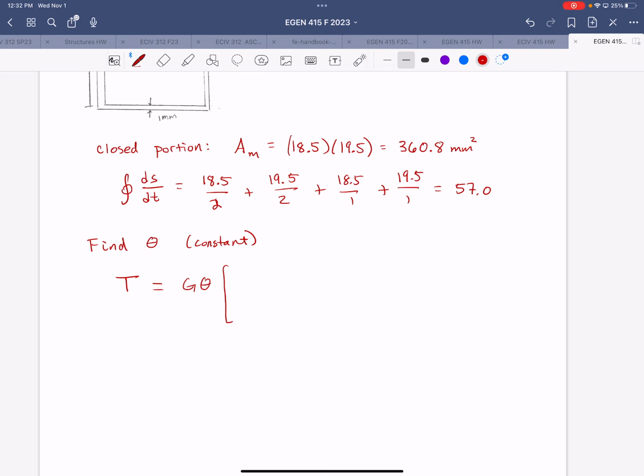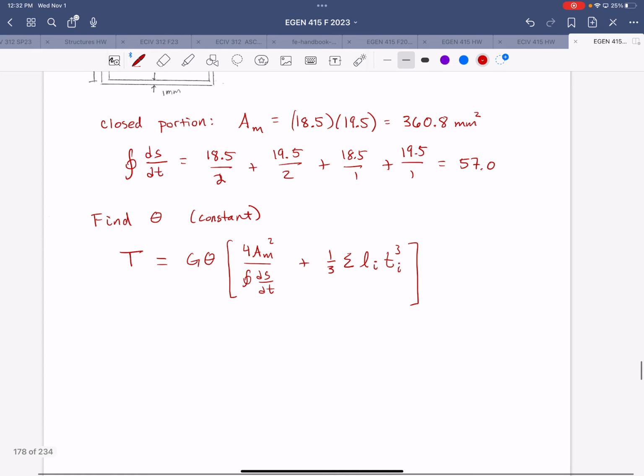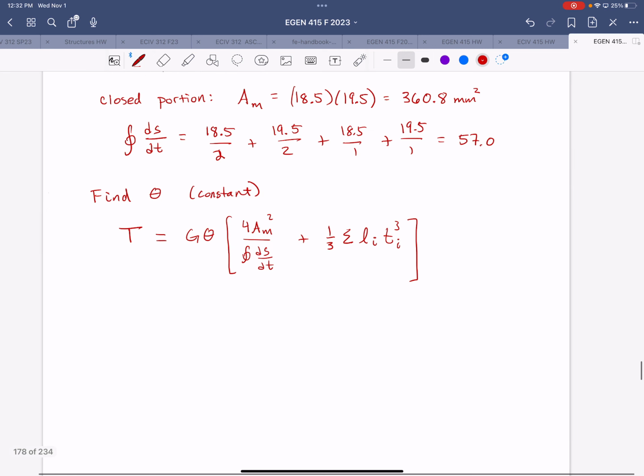And then inside the brackets, I'm just pulling the same equation from the previous page. 4Am squared over the integral about a closed loop, ds over dt, plus 1/3 times the summation of the length times thickness cubed for each element. So now plugging in numbers, we know everything we need to calculate theta, right? We're going to solve for theta.